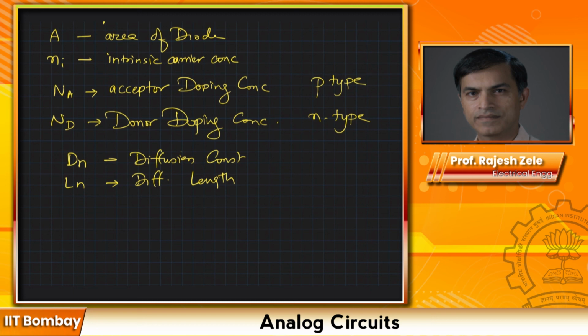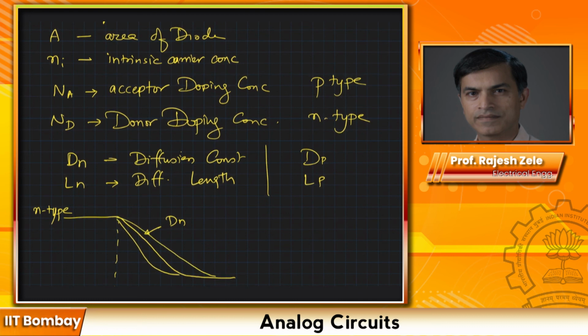And the way to understand that, and similarly you have Dp and Lp: for example, if you have really high n-type carriers on one side, then across the junction it's going to start dropping like this and it will approach the final value here. So the diffusion constant describes this particular characteristic. Would it be this way? Would it be this way? That is described by Dn and Ln.